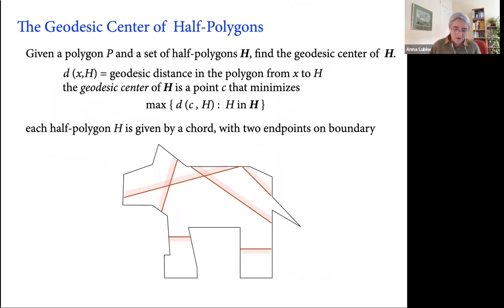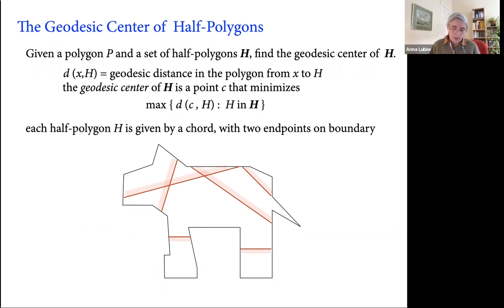But that's one way to think of this problem. So now I've talked about reducing this visibility question to the geodesic center of half polygons, but what exactly do I mean by that? So I have a polygon and I'm told some set of half polygons, like this one, right? Here I have this little half polygon. And I want to find the geodesic center of those half polygons.